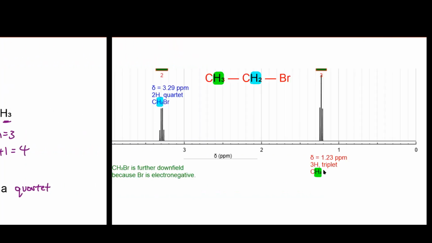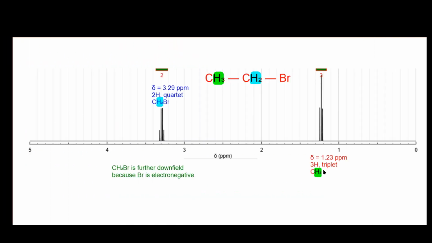Now we check the spectrum. The signal near 1.23 ppm is the CH3 triplet because there are 2 neighboring hydrogens. So 2 + 1 equals 3, hence triplet.